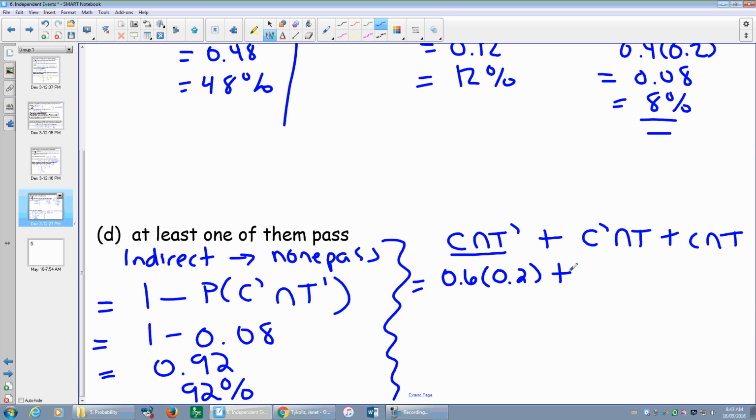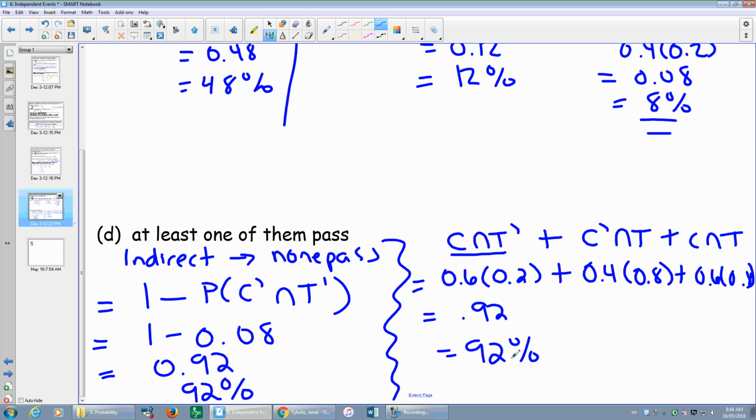Very good. Plus, Noah, what am I going to put for when Chris fails and Ty passes? Good. And Billy, the probability that Chris passes and Ty passes? Very good. 0.6 times 0.8. When you plug all that into your calculator, you'll get 0.92, which is another way of saying 92%. So these are two different ways to get the same answer.